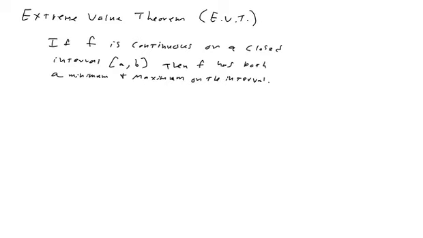If f is continuous, note this important condition. This is a condition that must be true, meaning if the graph is like this, that's okay. If the graph has a hole and a jump, not okay.